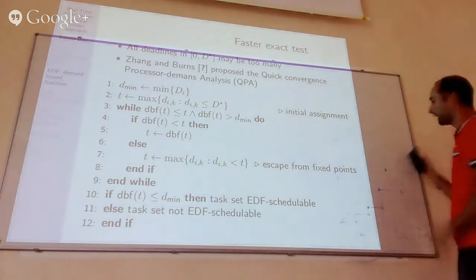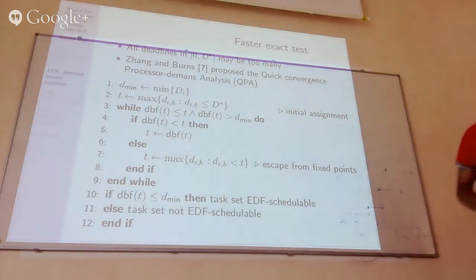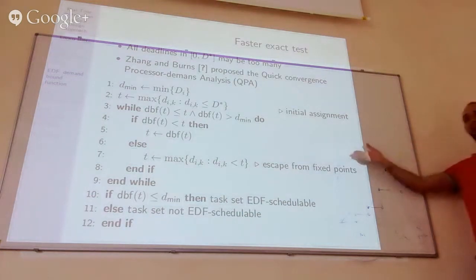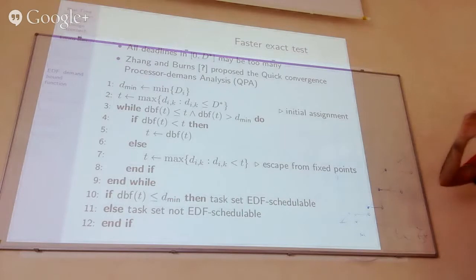It works fine with low utilization. When utilization is high, close to 1, it's not worse than the alternative, because in the worst case you check all points, but the complexity of this algorithm goes high when the utilization is close to 1.